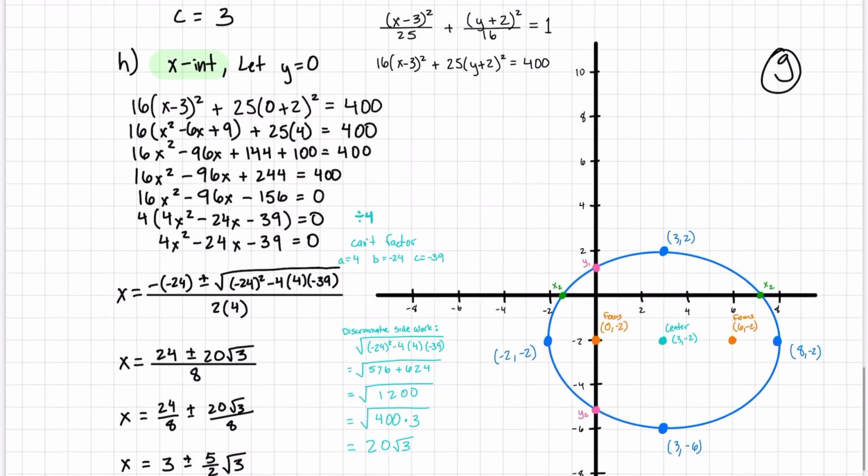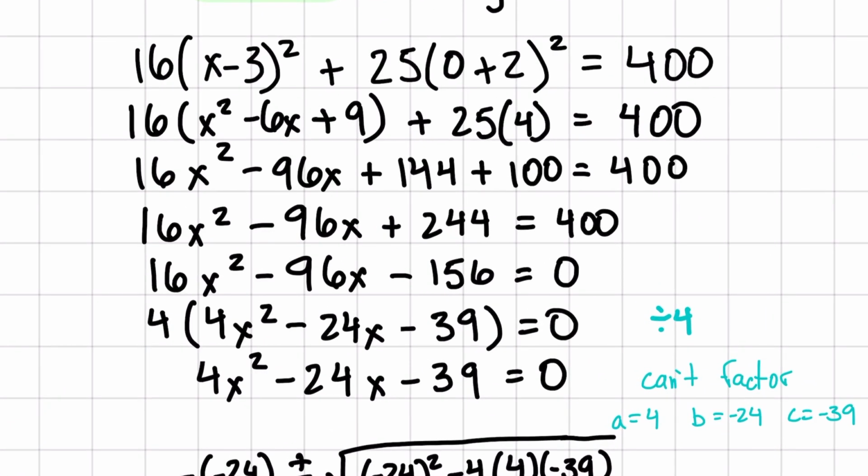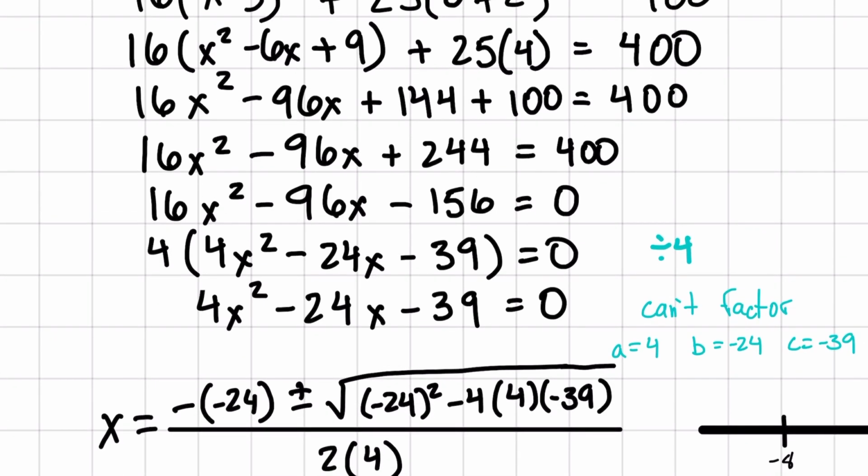To go through this math, I'm starting with this equation, but I'm multiplying everything times 25 times 16, so I can get rid of fractions. So I'm multiplying everything times 400. I plug in 0 for my y, which leaves me with 2 squared, which is 4, combine like terms, and divide out the GCF of 4 to make my life easier.